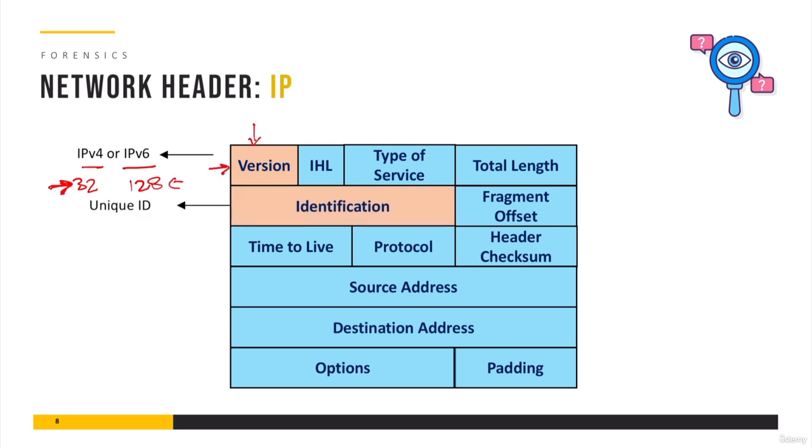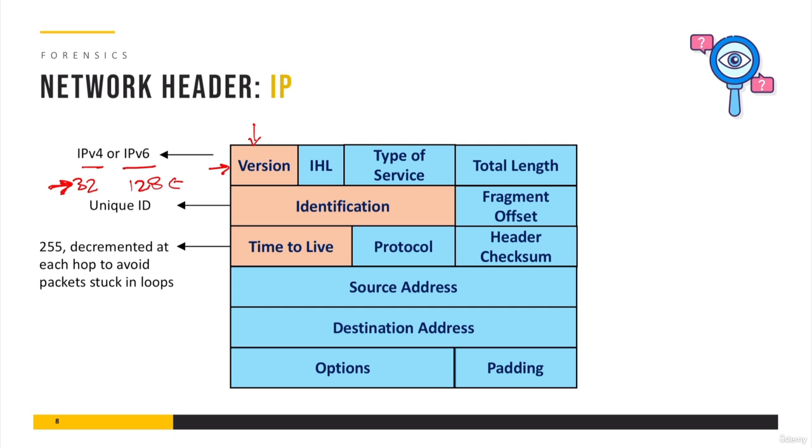The next one is identification. Once again, every IP datagram, every IP packet, has a unique ID. And time to live is something very interesting. When you send a packet to a destination, it is usually supposed to pass through a number of routers, and at each router this time to live field decreases. We have previously discussed this, but just a quick recap.